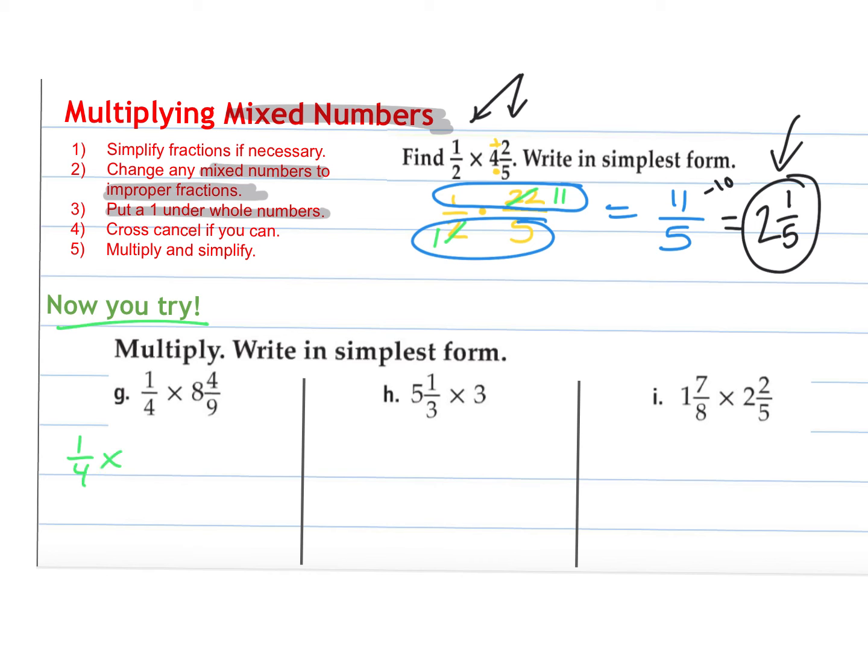1/4 times the improper version of this mixed number. We get 8 times 9 is 72, plus 4 is 76, and that's out of the 9ths. I actually messed up earlier and did out of 4ths, keeping your denominator the same. So then I can cross-cancel if there's anything that share. 4 goes into 4 once, and I know 4 times 20 is 80.